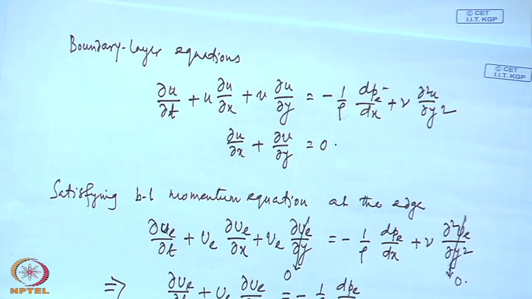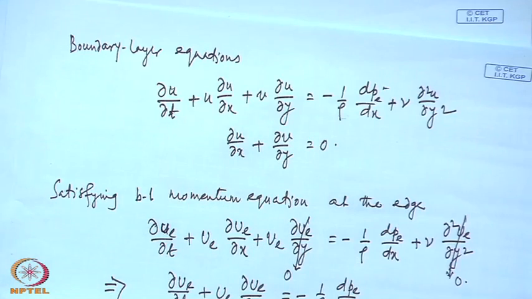The variation of u with y at a fixed x location is called the velocity profile. That is how the velocity changes at a particular location across the boundary layer, that is the velocity profile. Okay. So, if we solve this, the velocity profile is the solution, that is what we will likely get.